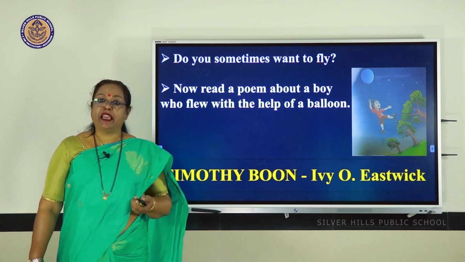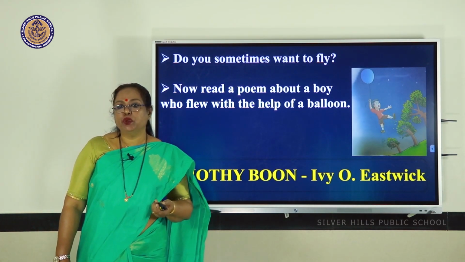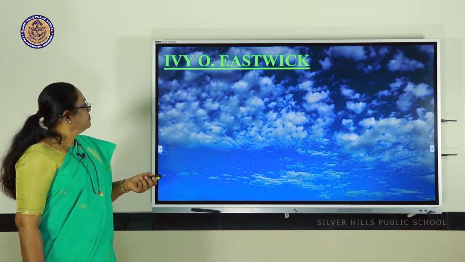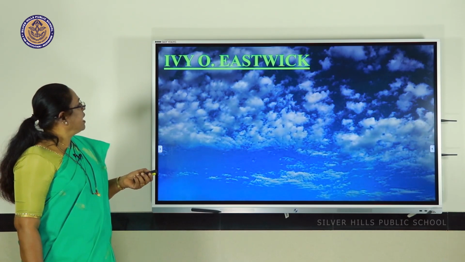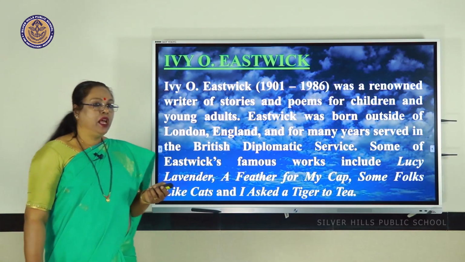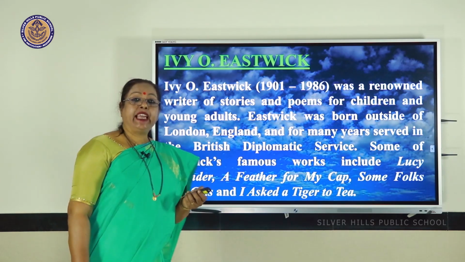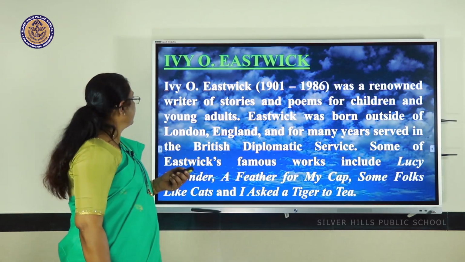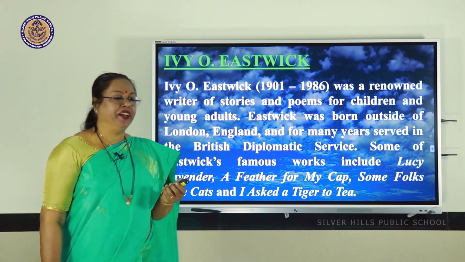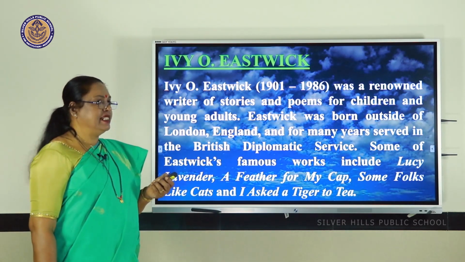Now before I begin the poem, let me introduce the poet Ivo Eastwick. Ivo Eastwick, 1901 to 1986, was a renowned writer of stories and poems for children and young adults.